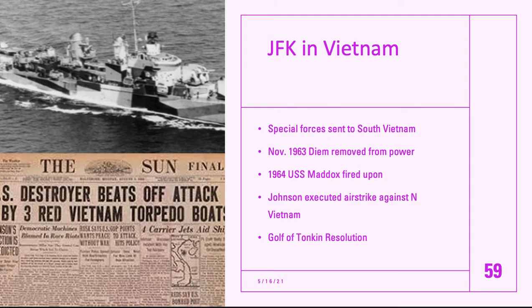The Gulf of Tonkin Resolution is going to be passed after the USS Maddox was fired upon by northern Vietnamese forces. Johnson is going to order an airstrike against northern Vietnam for attacking one of our ships and ask Congress for American troops.